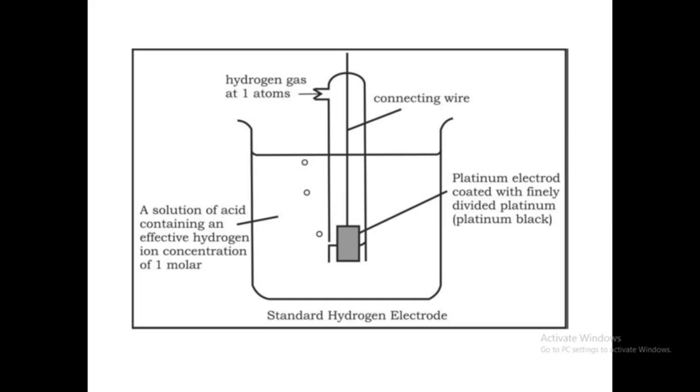Always remember that the electrode potential of standard hydrogen electrode is always 0 volt. So to calculate the standard electrode potentials of other electrodes, this half cell is used as reference electrode.